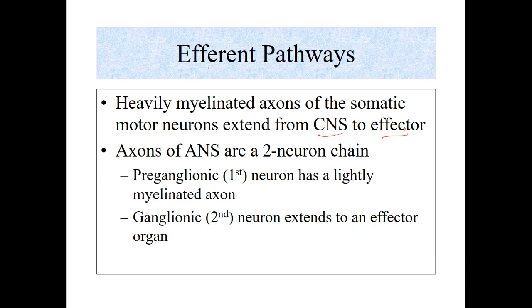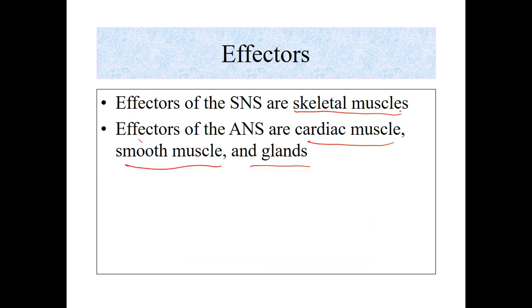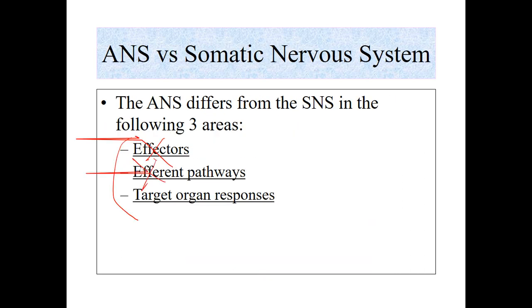So the ganglionic is the 2nd neuron, but keep in mind we will be talking about a postganglionic axon. Okay, so that's just going to be the axon of this 2nd neuron. So that's the efferent pathways. I'm going to back up. That takes care of this.